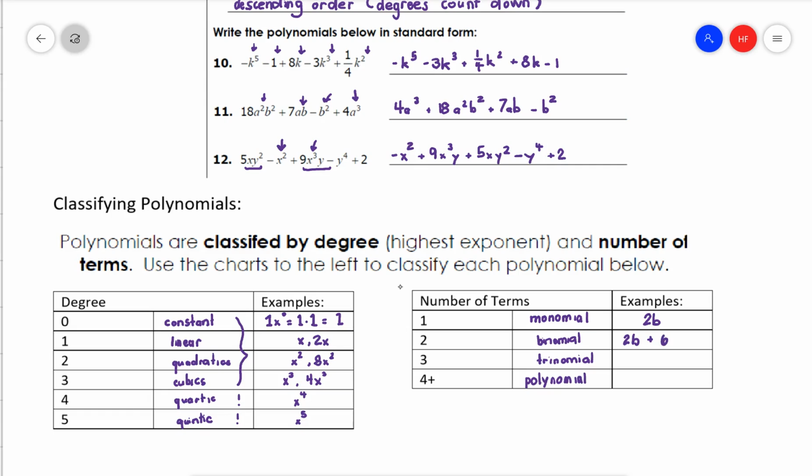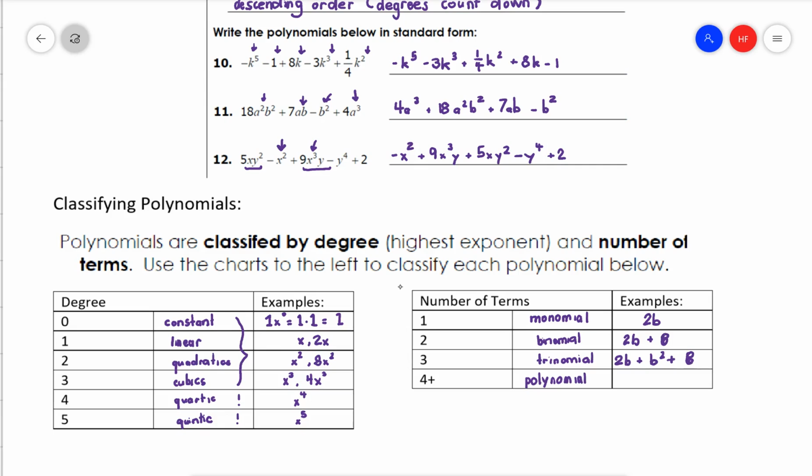So we have that plus separating it. A trinomial would have 3 terms, so we could say 2b plus b squared, not in standard form, plus 6. Let's use 8 because 6 kind of looks like a b. So plus 8.